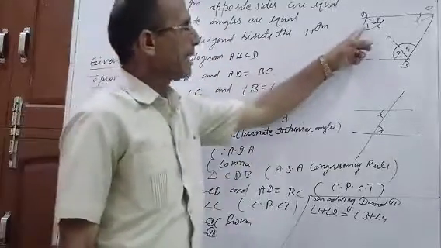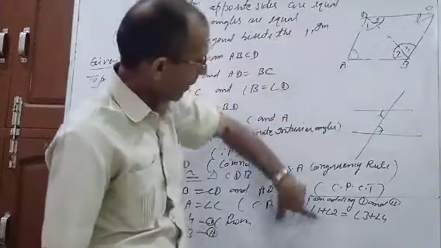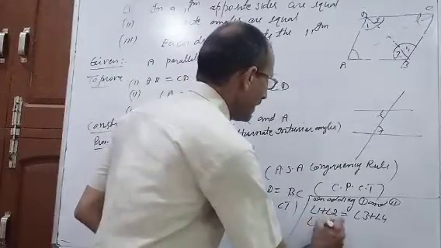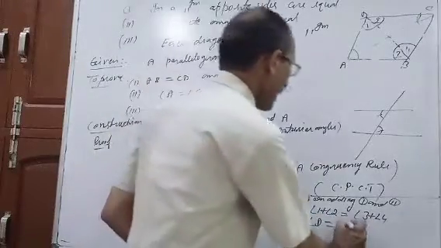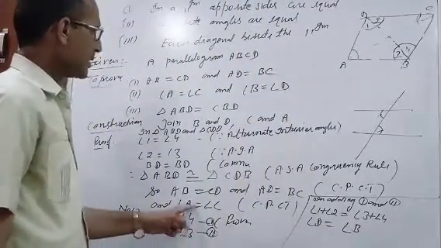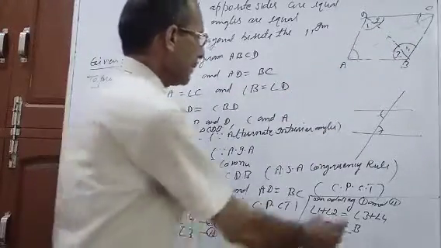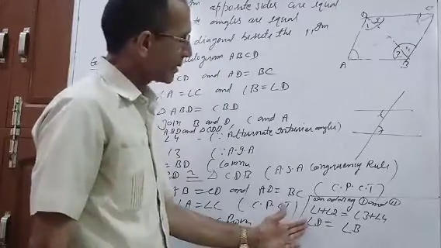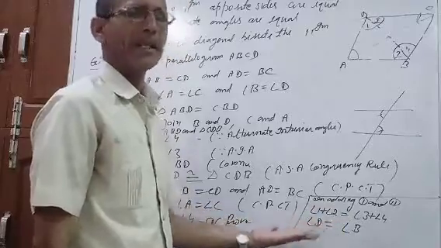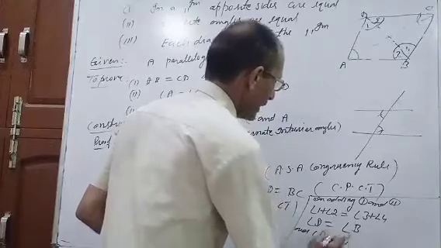Angle 1 plus angle 2 means angle D. Angle 3 plus angle 4 means angle B. I already proved angle A is equal to angle C, and just now I proved angle B is equal to angle D. The order doesn't matter, so I have written angle D here and angle B after this one.